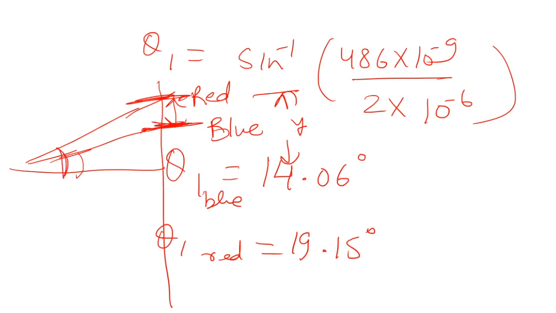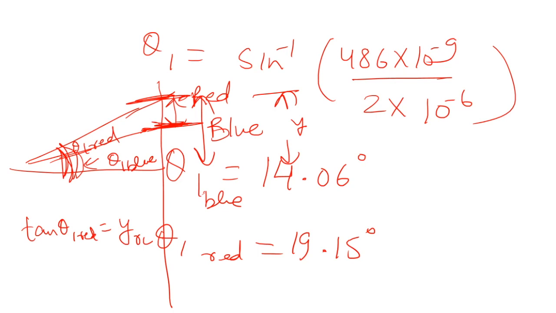If you know this angle, this is theta 1 red and this other angle is theta 1 blue. Theta 1 red is equal to this total y of red divided by this distance, which is basically L. So y red divided by L.